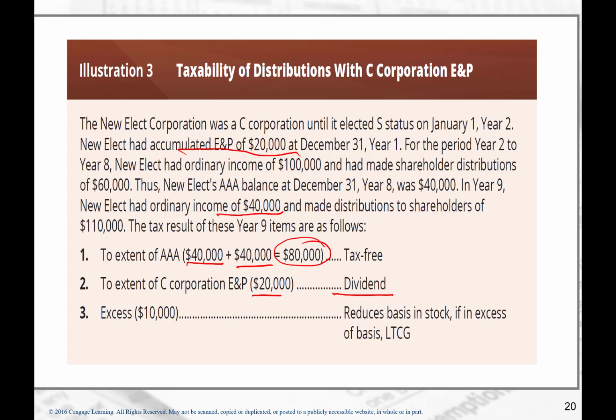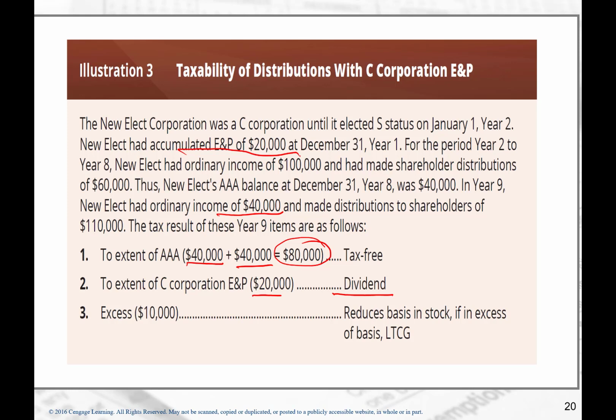And then once that is wiped out, any excess is going to reduce the basis in the stock. Okay, they're basically saying, hey, they're cashing you out essentially. Now that example goes through the pecking order that you're supposed to use these amounts as they get distributed.